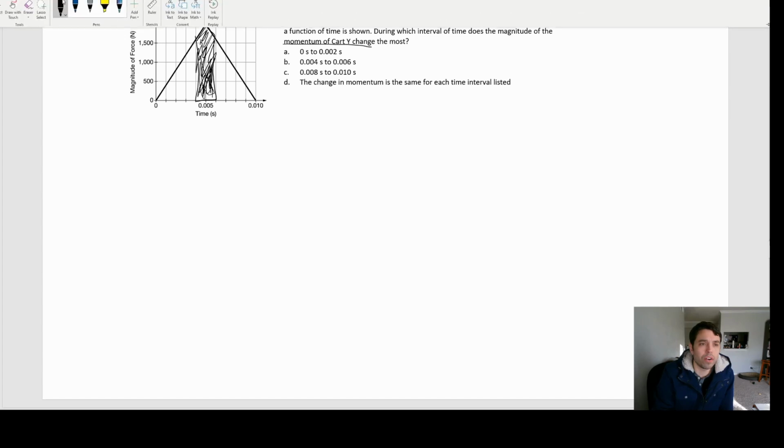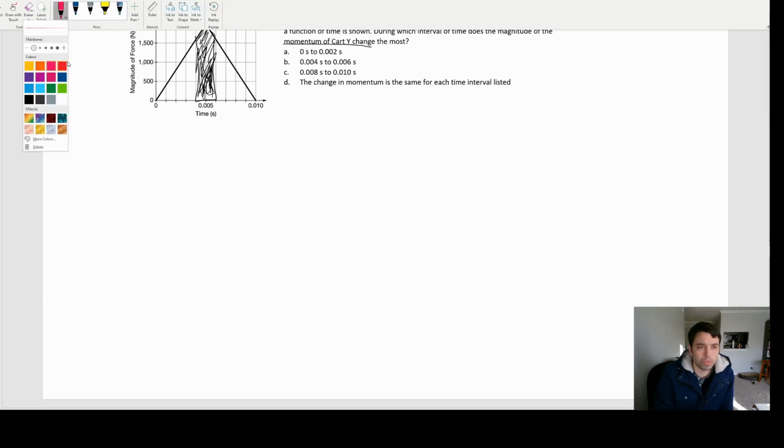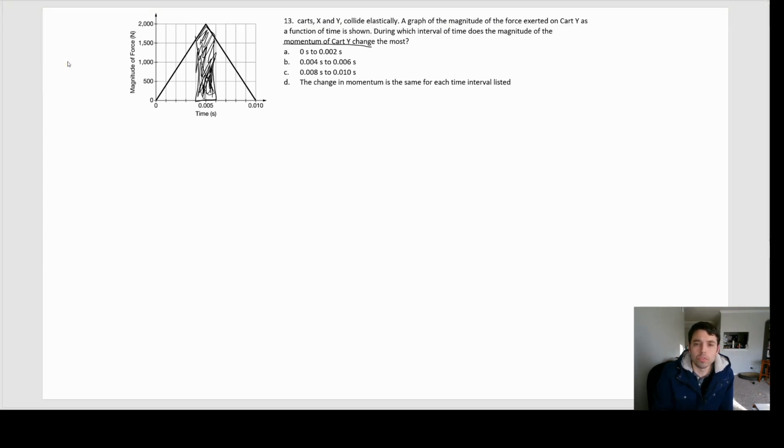Now if I do a different area, a different color, hot pink of course, from 0 to 0.02, this is 0 to here. That's not very big. That's a tiny little triangle.